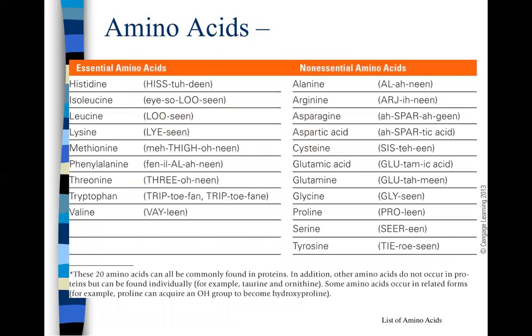In our body, we have some amino acids that are essential, meaning we cannot make them ourselves. And then we have some amino acids that are considered non-essential because our bodies are able to make them. So on the left-hand side of this chart, we have the essential amino acids, and on the right-hand side, we have the non-essential amino acids.